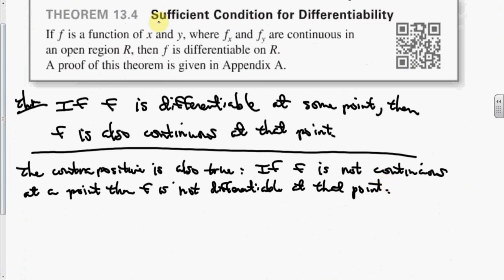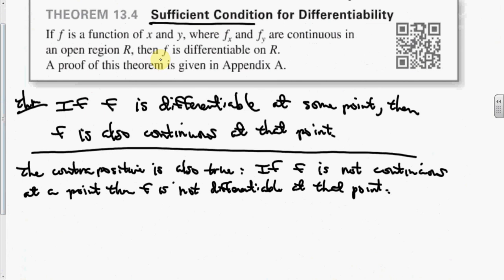Here, they call this theorem a sufficient condition for differentiability. That is, if F is a function of x and y, and if the first partial derivatives are continuous in some open region R, then F is differentiable on R. We will find a problem where I get the partial derivatives to be continuous, but the function is not differentiable.